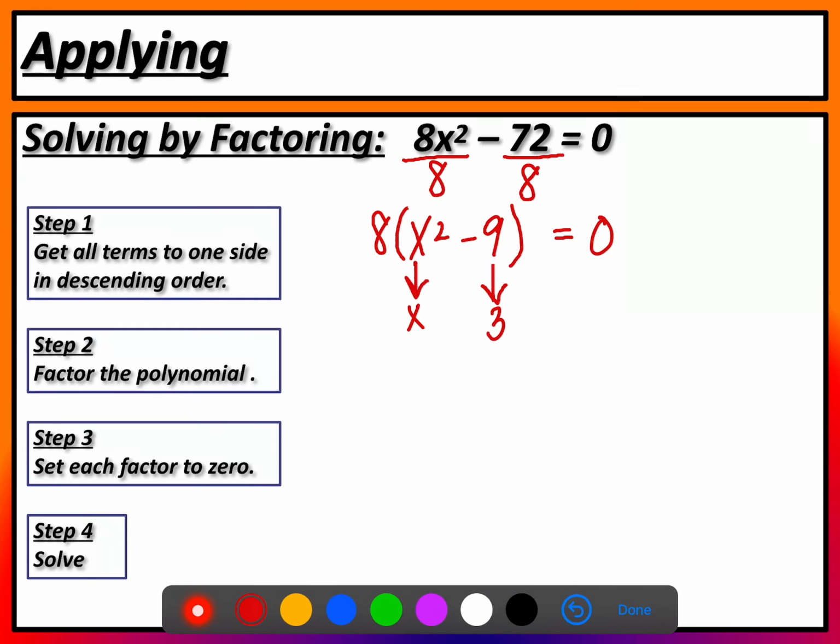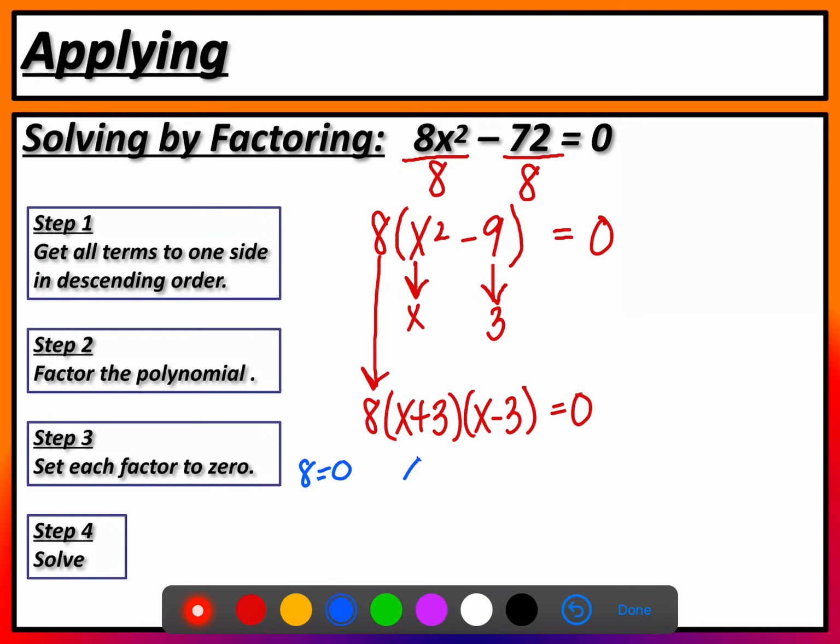So if we remember, we're going to square root each of those terms, get one with the plus and one with the minus. Now my GCF gets carried down. And now each of my factors gets set equal to 0.